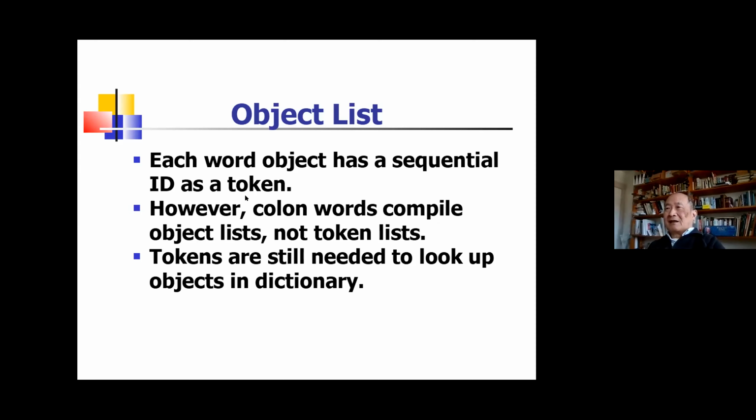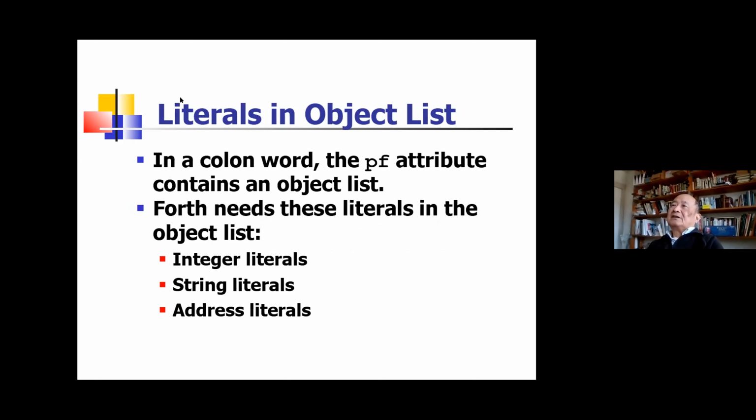But I think eventually we probably will get rid of the token completely. So in the object list, we have the PF field attributes containing an object list, and Forth needs these literals in the object list.